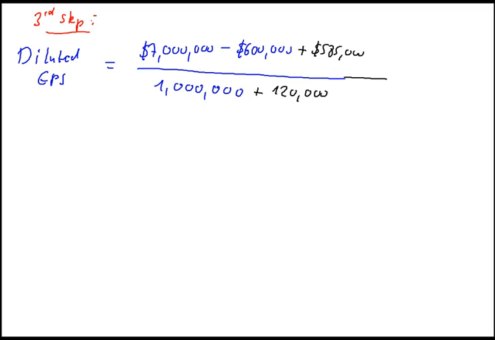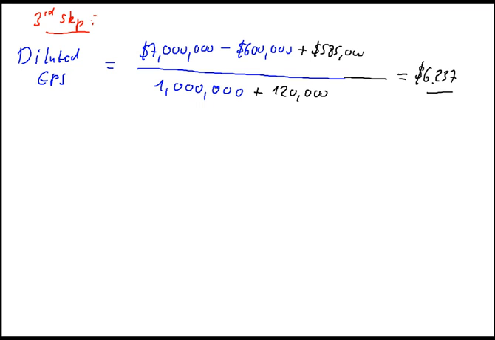So I can include the figures in the calculator. I have $7 million net income. I'm deducting from that the $600,000 preferred dividend payment plus 585,000 coupon payments after taxes, and I divide that by 1,120,000 shares outstanding. That gives then an EPS figure of $6.237.